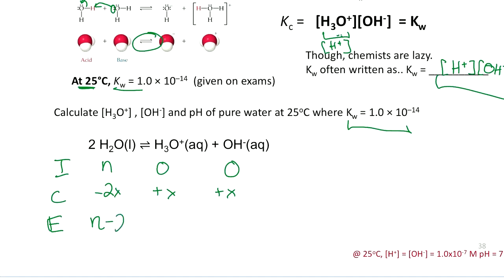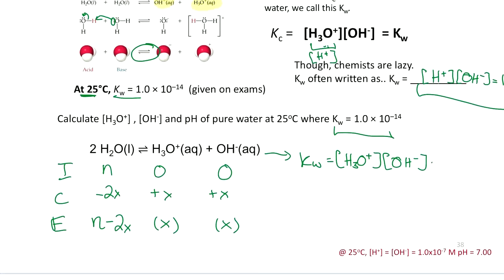So N minus 2X, X, X. With ice tables, the E line always goes into K. So if you write the K expression, in this case it's Kw, equals H3O+ concentration, or H+, whatever, times hydroxide, equals 1 times 10 to the negative 14.